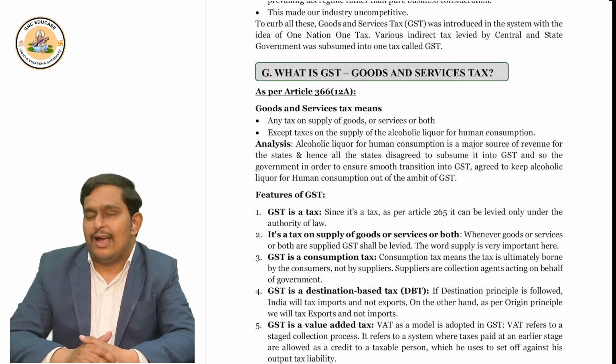Article 366, Clause 12A: GST is a tax on supply of goods and services except alcoholic liquor for human consumption. So this is excluded. On this, no GST. This way you should understand.